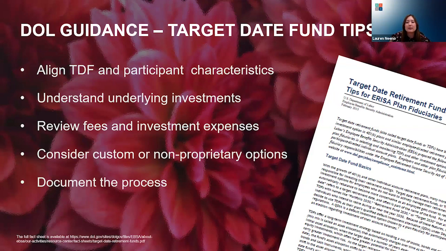So for those of you that aren't familiar, we take a blend of the selection score and the allocation score for a target date fund, and we average them out to get a blended score for the series as a whole. And then we've also taken underlying funds into account with the underlying fund scorecard feature, where you can pull the scorecard on just those underlying investments so you can take a deeper dive looking into a target date fund series.